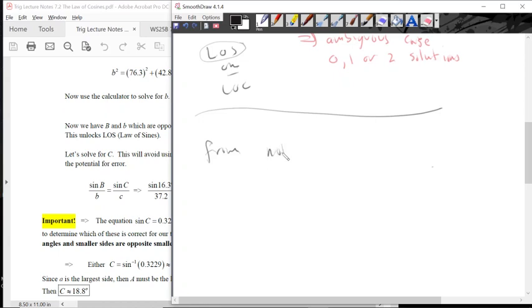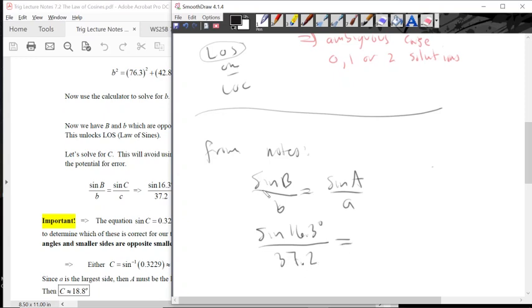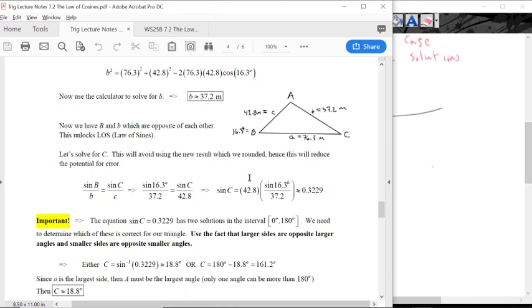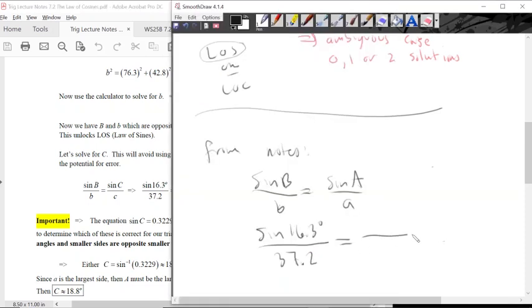Sine of B over B is equal to the sine of A over A. We'll plug in angle B, which is 16.3 degrees, side length B, which was 37.2, and then angle A we're trying to solve for, and side length A is 76.3 meters.